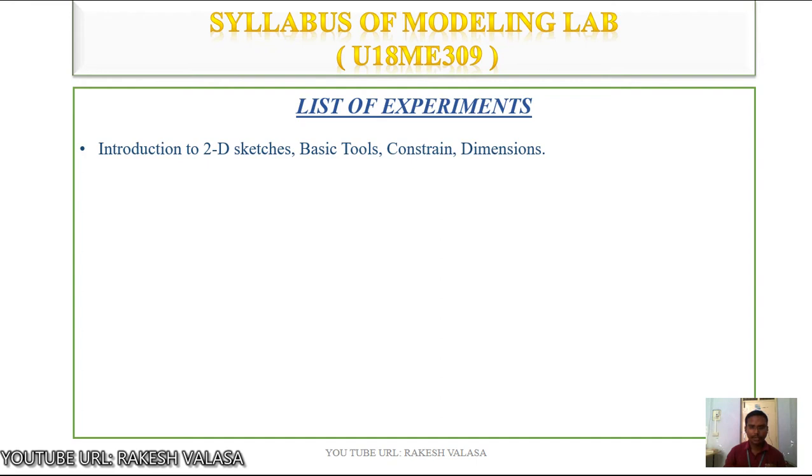What is the importance of the specification tree? How to modify the sketch, and how to modify the part designs or assembly drawings after completion of the sketch. Next, the view toolbar, what options are available in it, and how to give dimensions for the sketch, that means how to apply the constraints for a given sketch.